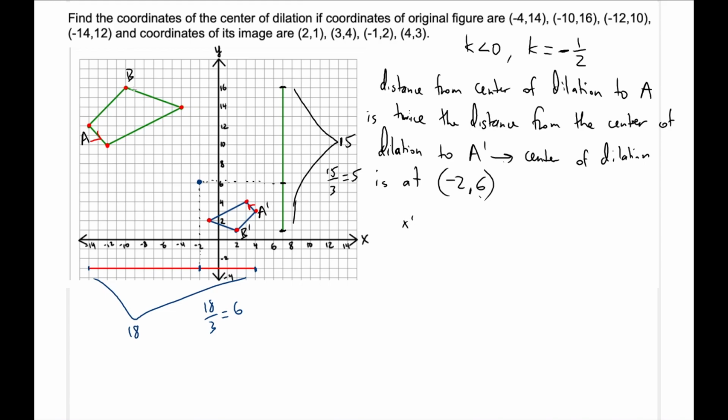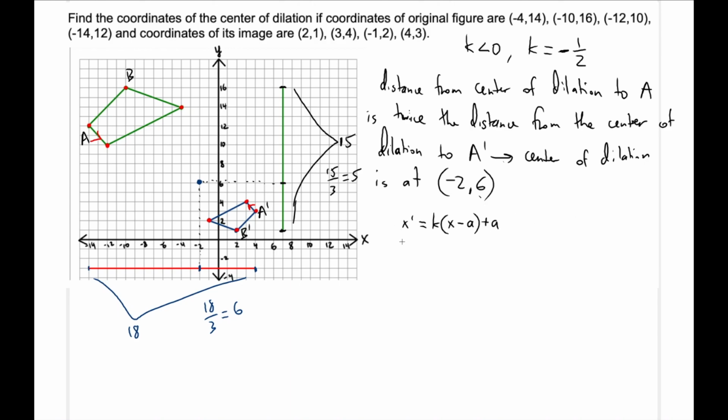So when we're looking at the original x coordinate, let's say, of the A, and we're trying to find the x prime, the x coordinate of the image, I'm going to label it x prime. So that's going to be the formula k times (x minus a) plus a.